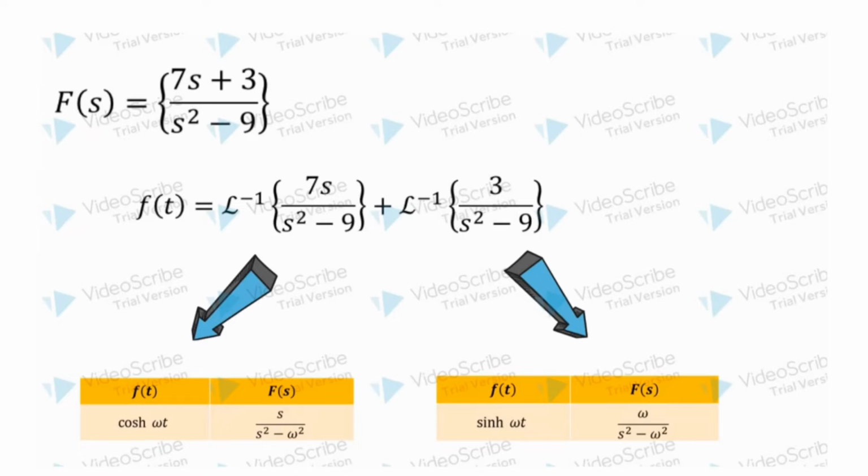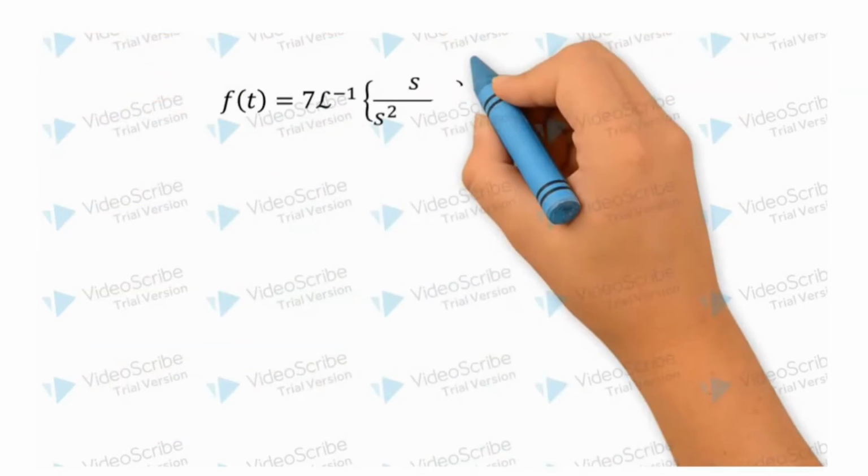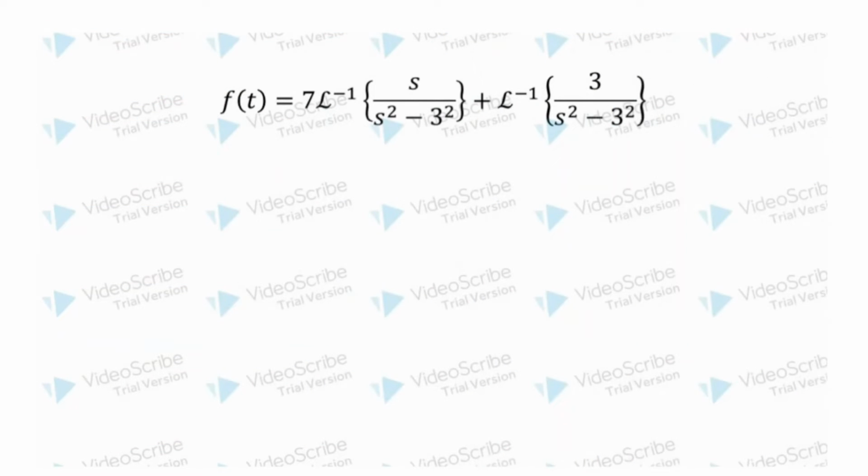So what's next? Factorize this function. We get 7 times the inverse Laplace of s over s squared plus 3 squared, where 9 is 3 squared. The other one becomes the inverse Laplace transform of 3 over s squared plus 3 squared, also where 9 is equal to 3 squared.